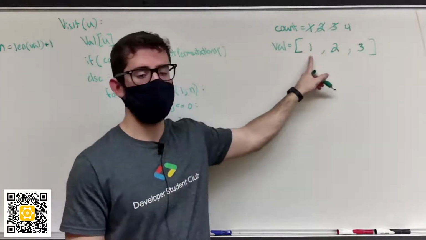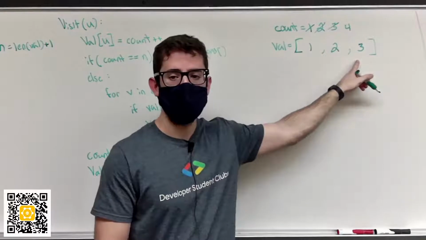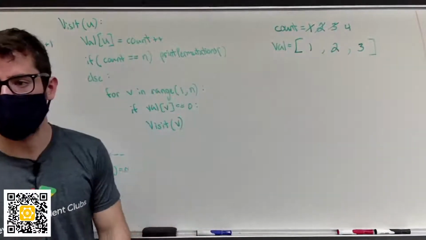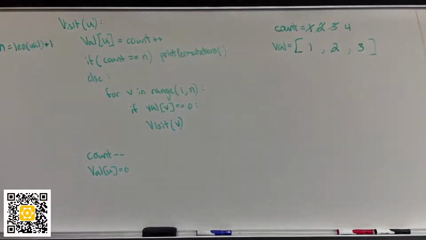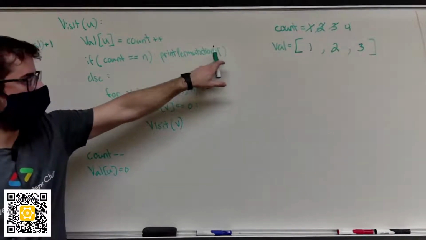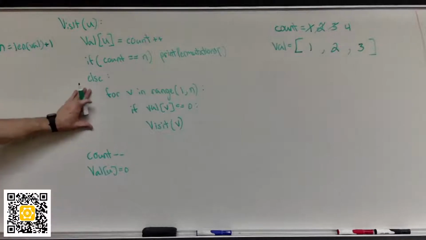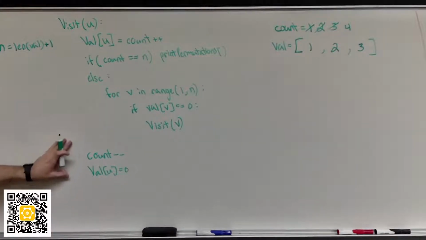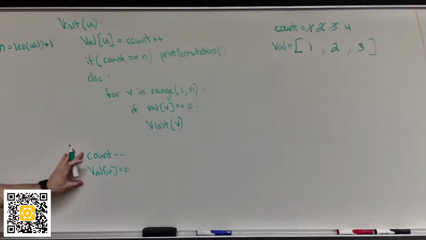This 1 is first placed here, then here, and then here. After that, it completely finishes, because there are no more positions for 1. Exactly. So currently, there are no more positions we can fill, which is why we print out the permutation, and then we skip over this for loop and go to these 2 lines right here.